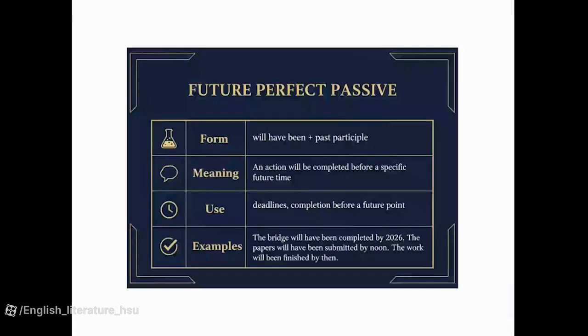Will have been completed. Here is a future perfect passive. Or the papers will have been submitted by noon. Will have been submitted. The work will have been finished by tomorrow, I guess. Sorry, the date is written wrong. Okay. Will have been finished. It's future perfect passive.